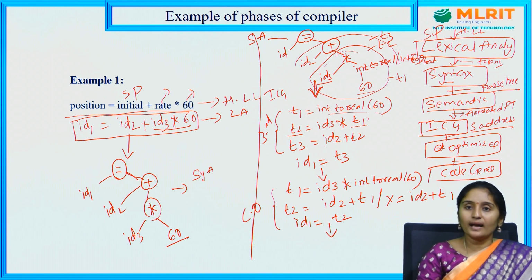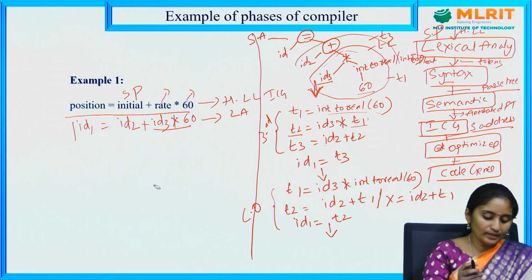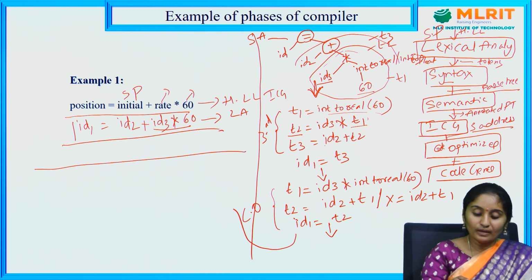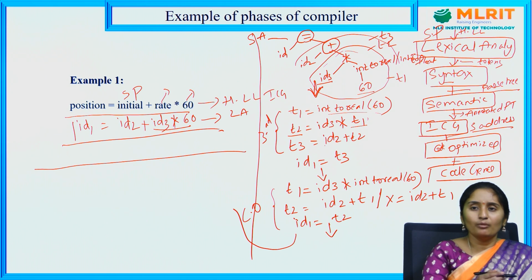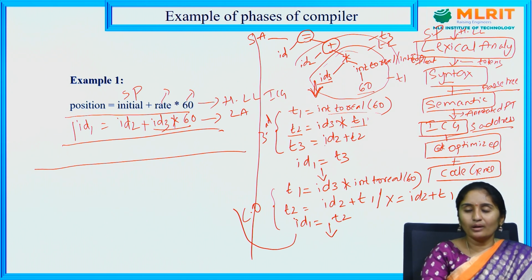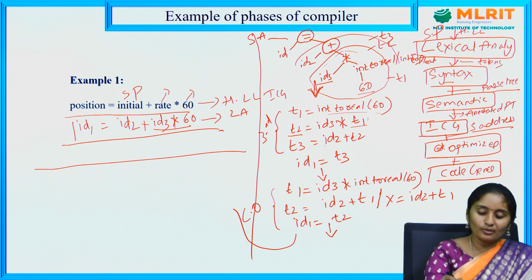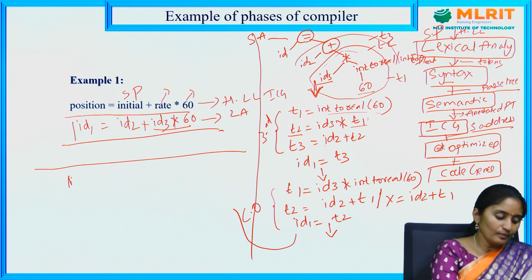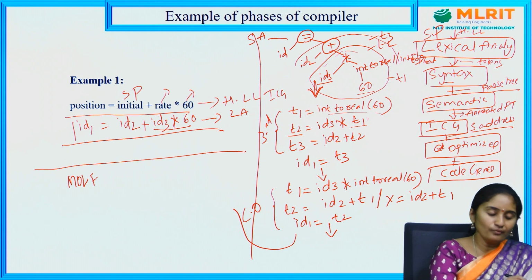This is given as an input to the code generator. The code generator generates registers. So let us write this one here, the code generator. In the code generator we are going to have move, load, store, all these, and the registers we are going to use to store the values. First, move float value.